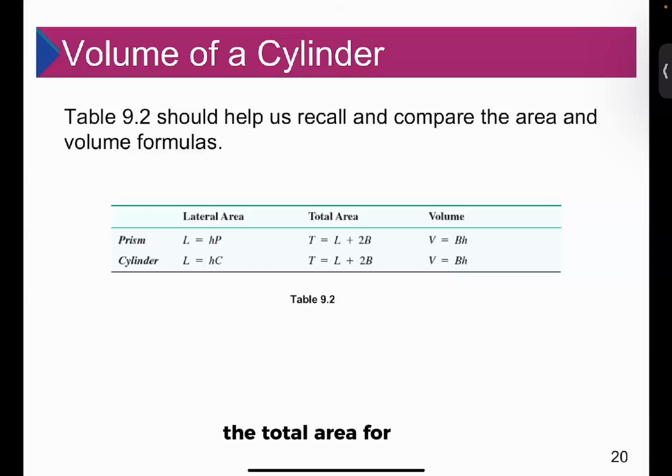The total area for both prism and cylinder would be lateral area plus twice the base area, while the volume is the area of the base capital B multiplied by the height h.